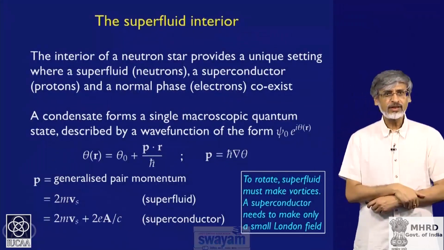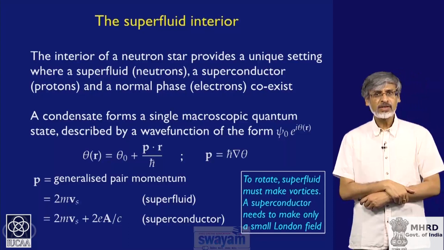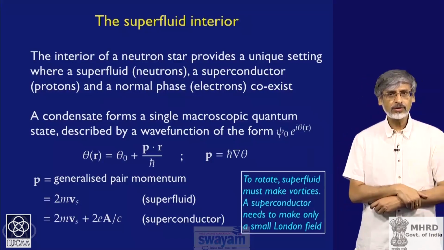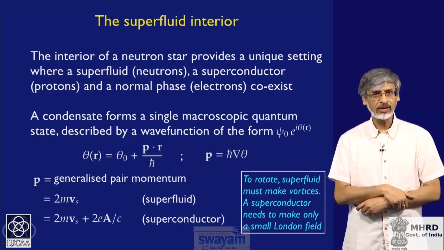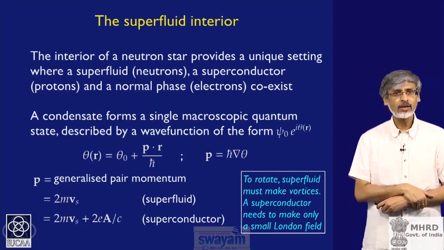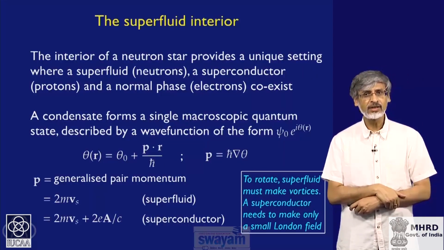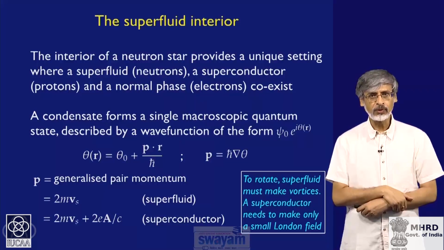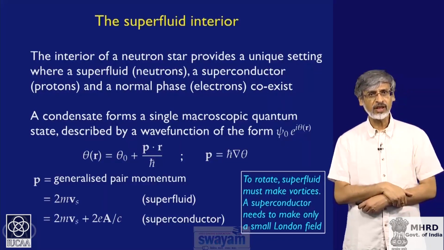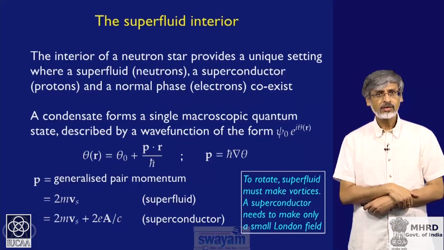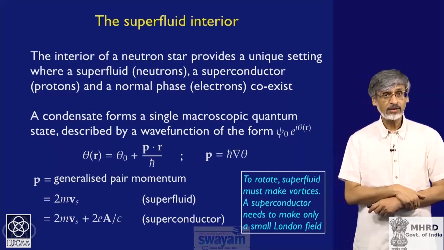Now, coming to the interior, we see that you have fast rotation and strong magnetic field, but we already mentioned that in the interior, the neutrons form a superfluid and protons form a superconductor, whereas the electrons are just in the normal phase.